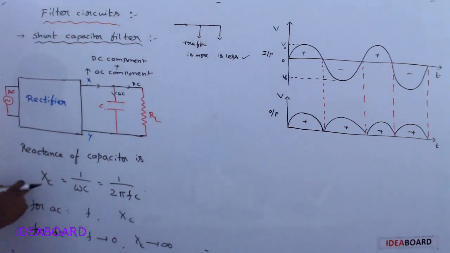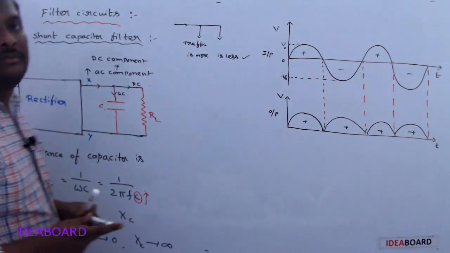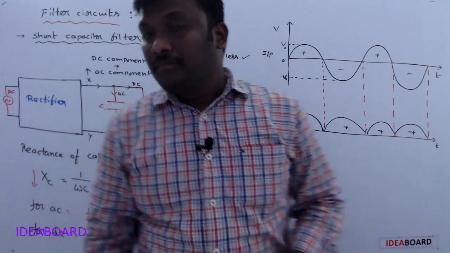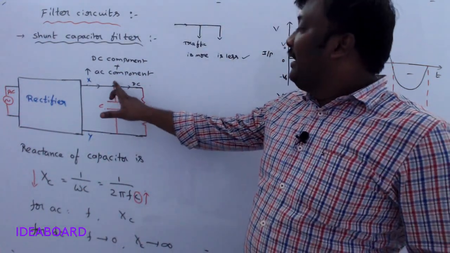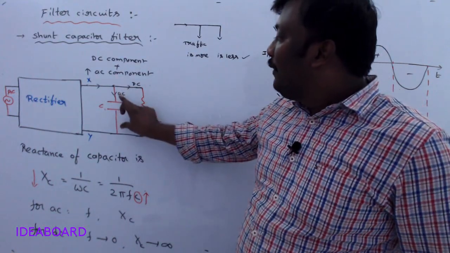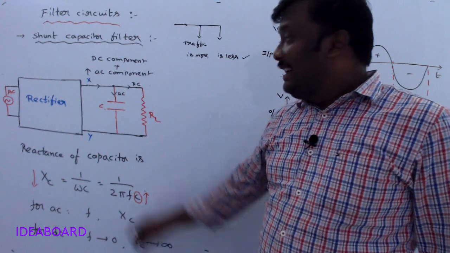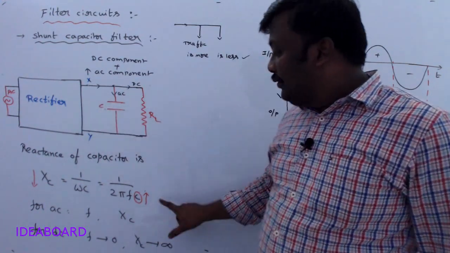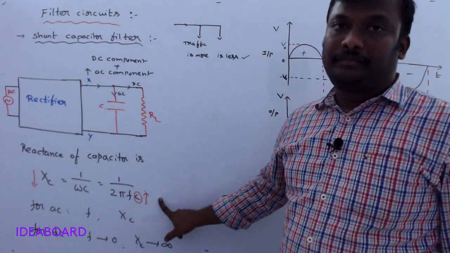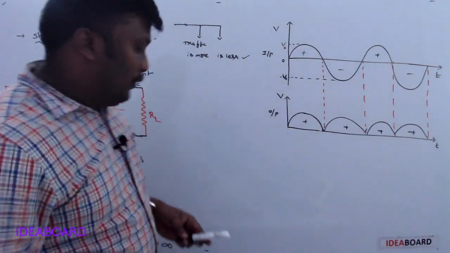If we want a low XC value, then the capacitance value must be large. So to send the entire AC through the capacitor, we place a capacitor parallel to the load resistor with a very large capacitance value. Is it clear?